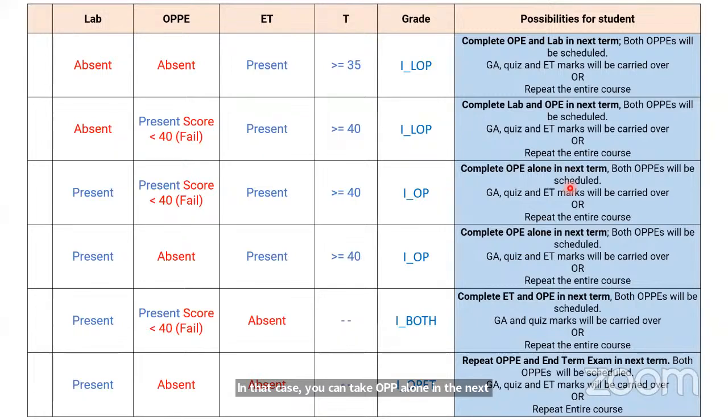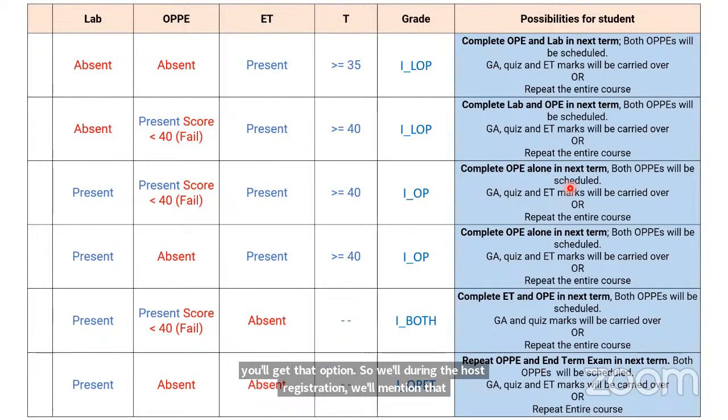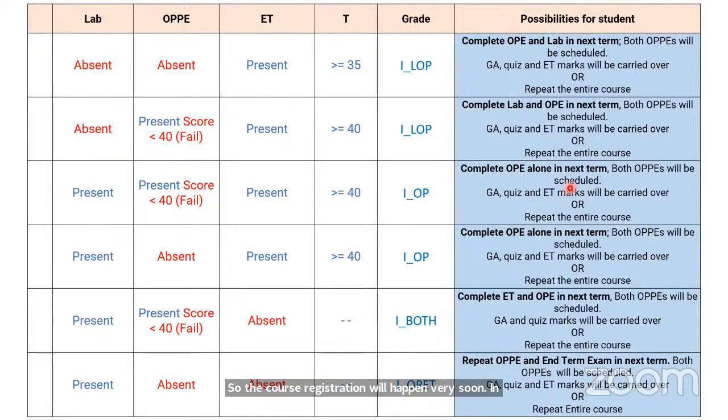Okay, so when will we get the option of selecting that we have to appear for the OPPE in the next term? You will get that option during course registration, where we will mention that. Course registration will happen very soon. We are planning sometime between the 4th and 8th. Okay, sir. Thank you.